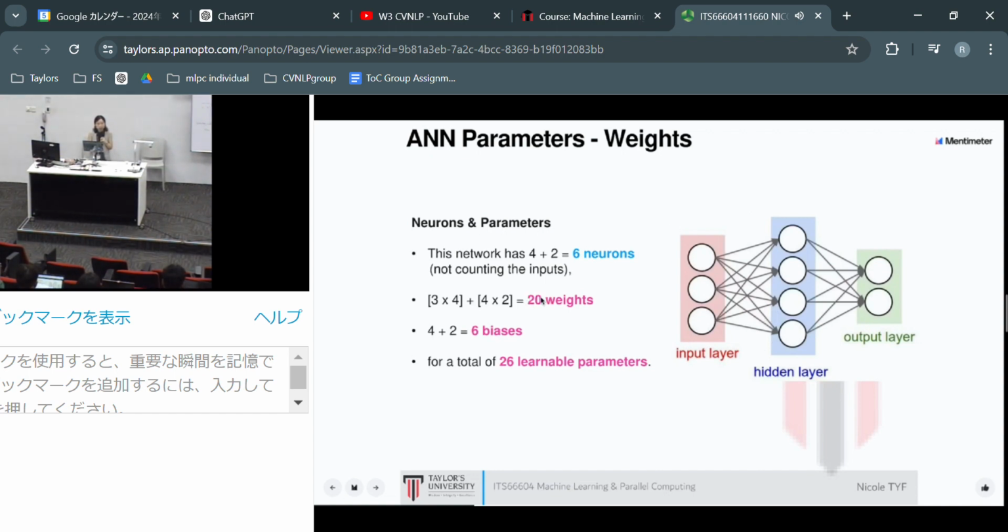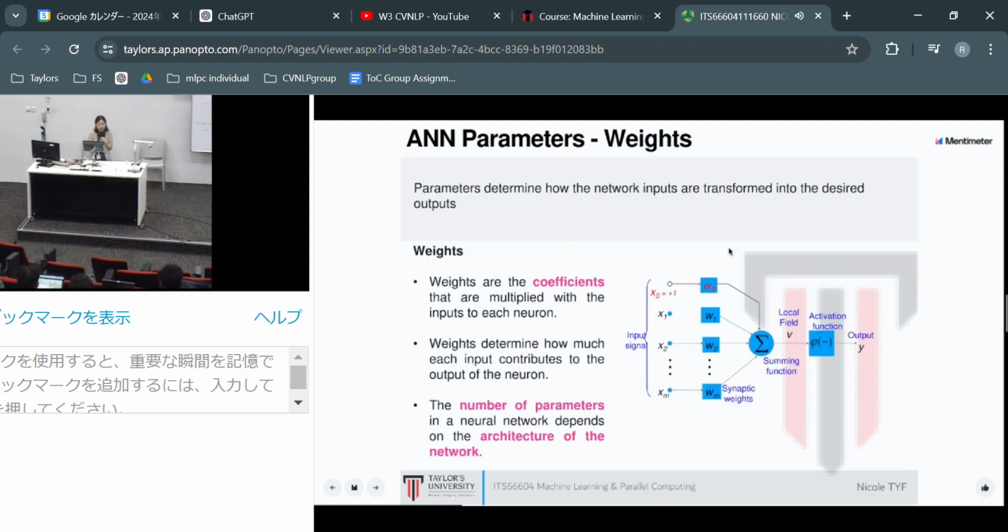Now, because we have 6 neurons, each of the neurons will have one additional bias term, right? Therefore, in order to tabulate the total parameters that this neural network is trying to learn, we take the total number of connections plus the number of biases.